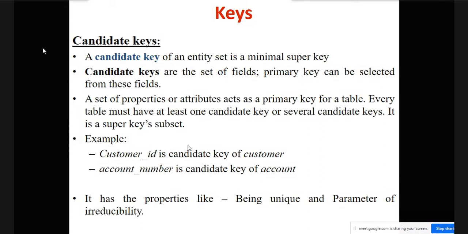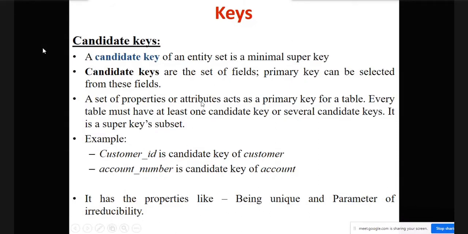Now in a candidate key, I can have 2 to 3 attributes together from that particular set, and I can say it is my candidate key. So for example, I can say student roll number, student first name, student last name together is my candidate key. Instead of taking all the attributes, I have taken those 3 attributes, and I am saying this is my candidate key.